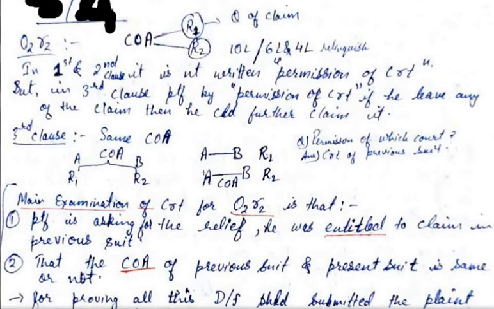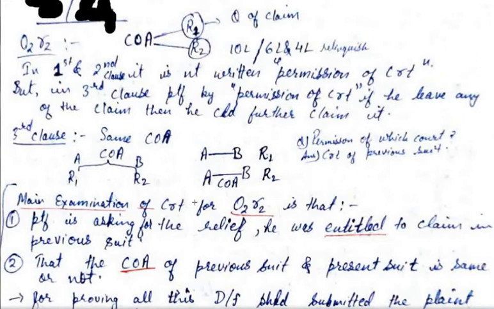Now A again filed a suit. Now the first suit is decided. Now he again filed a suit on a cause of action against B and claims relief 2. Now this B raises the plea of Order 2 Rule 2. B objection raise करेगा that this suit is barred by Order 2 Rule 2.